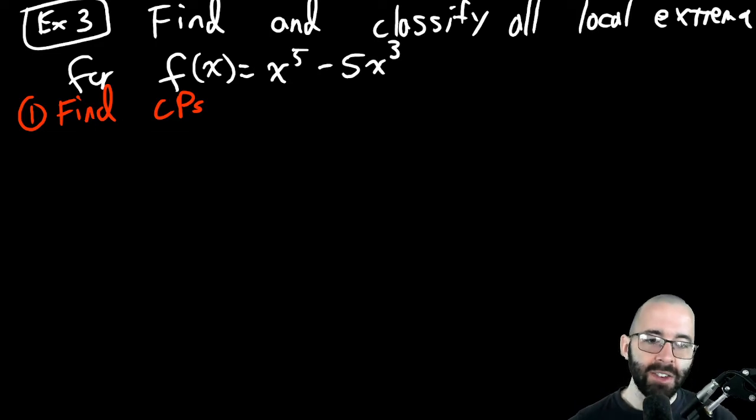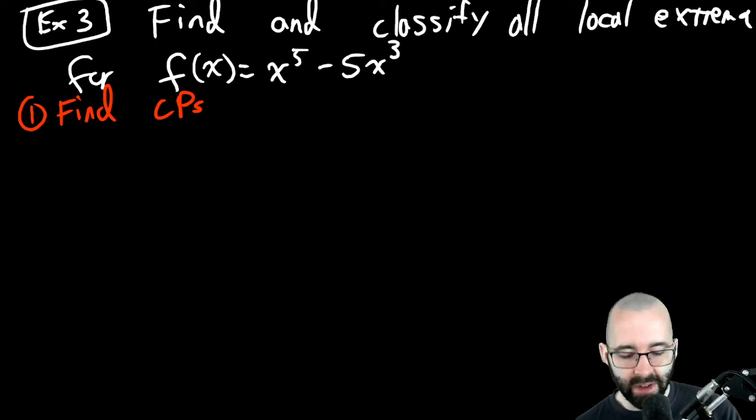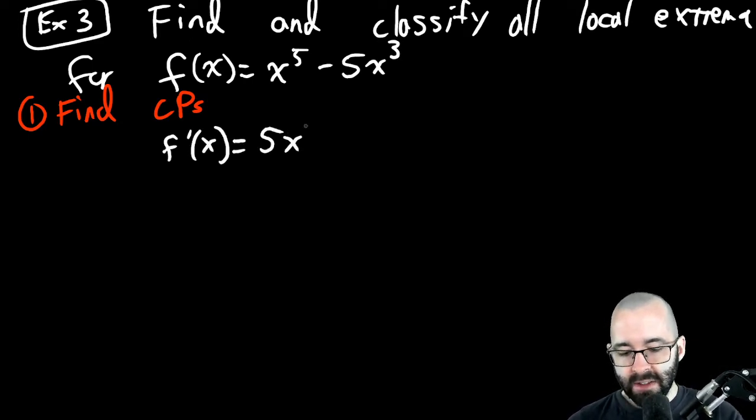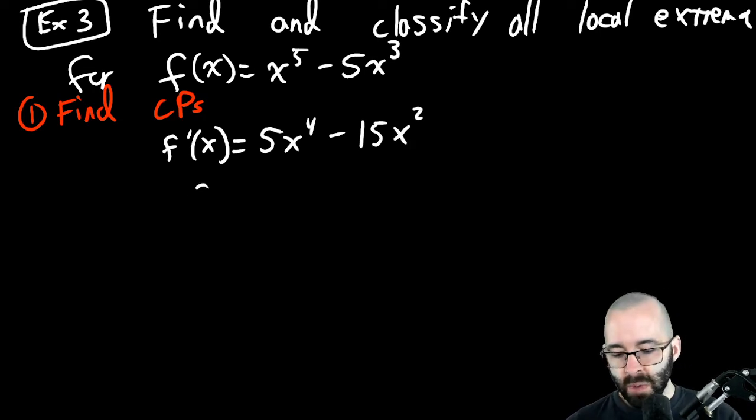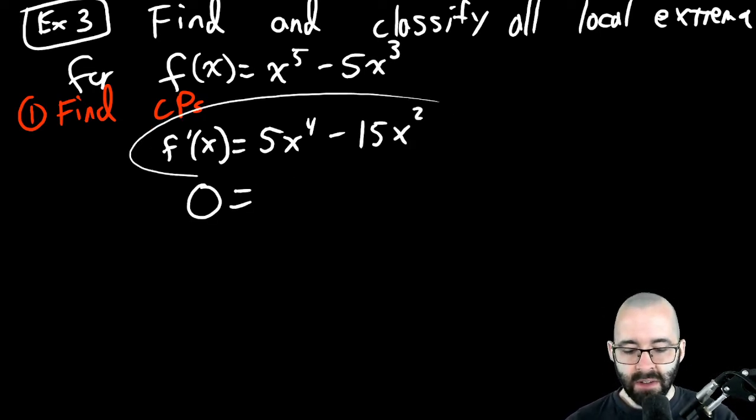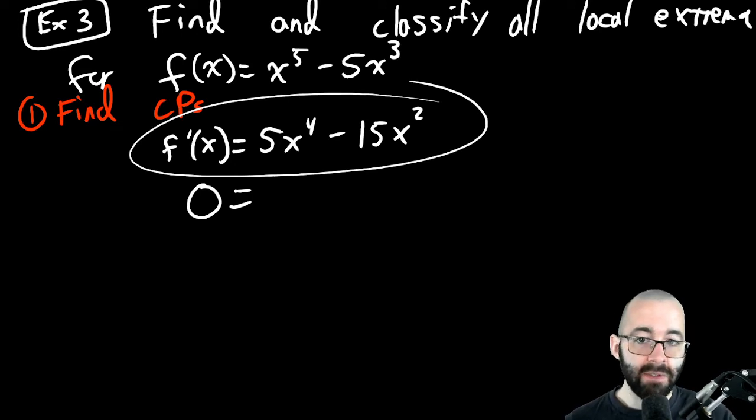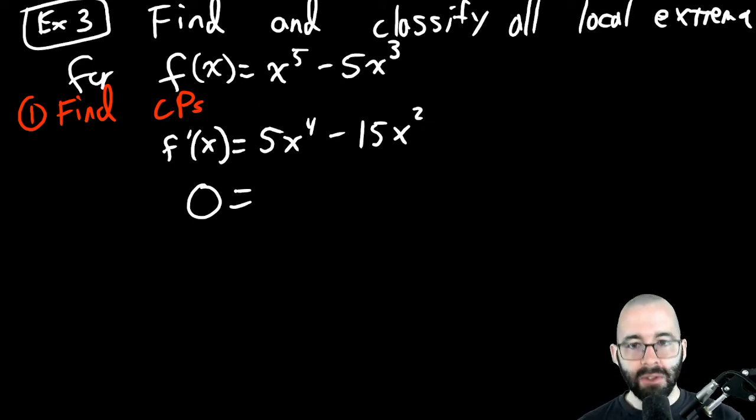Second derivative test only applies to critical points where the derivative equals 0. So f prime of x equals 5x to the 4th minus 15x squared. When is that equal to 0? First off, let me comment that it is defined everywhere. Critical points are when it equals 0 and when it is undefined, but it is indeed defined everywhere.